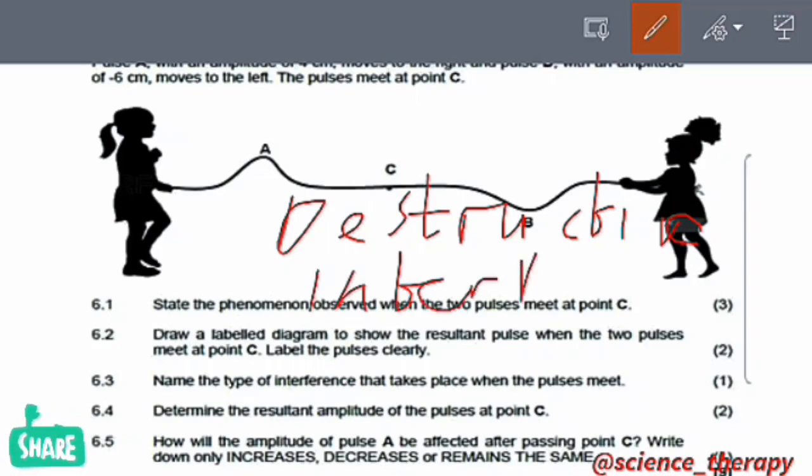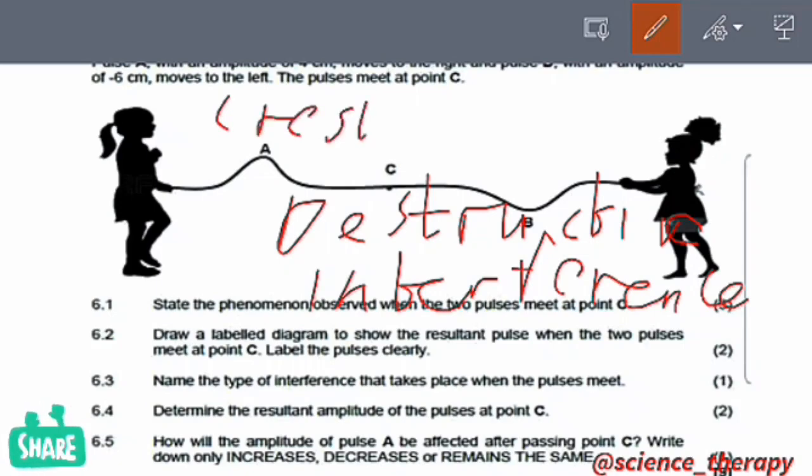Now, why we say it's destructive interference, you can see that A here shows a crest and B there shows a trough, right? Now, you will remember from our notes that if two pulses meet with a crest and a trough, we have a destructive interference.